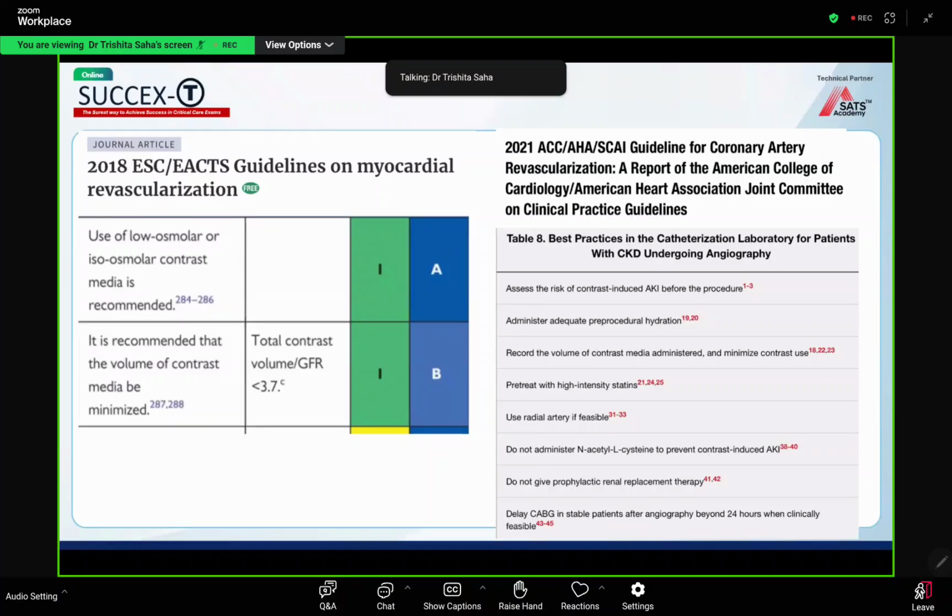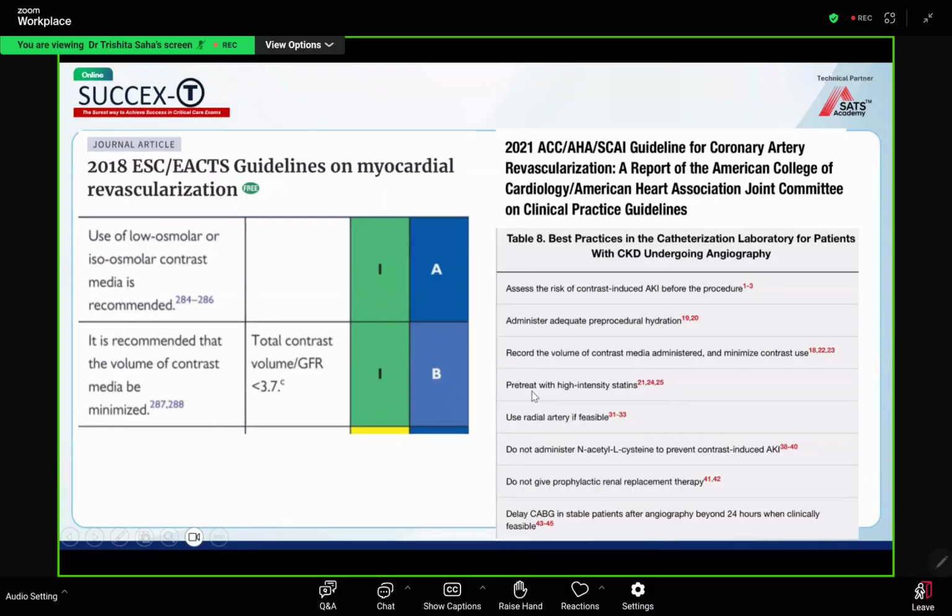And this 2021 guideline given by the ACC, AHA joint and the SCAI guideline for coronary artery revascularization also summarizes the best practices in the catheterization laboratory for patients with CKD undergoing angiography. Here, if you see, you have to administer adequate procedural hydration, record the volume of contrast media administered, and minimize the contrast use.